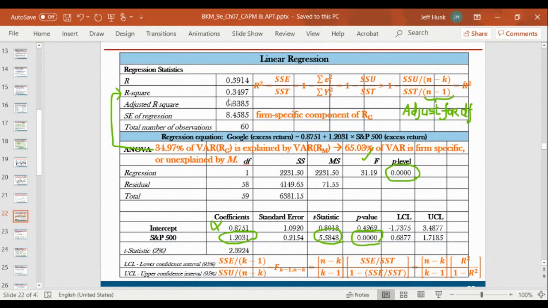So R square is basically the goodness of fit, right? And this R is actually the correlation, right?